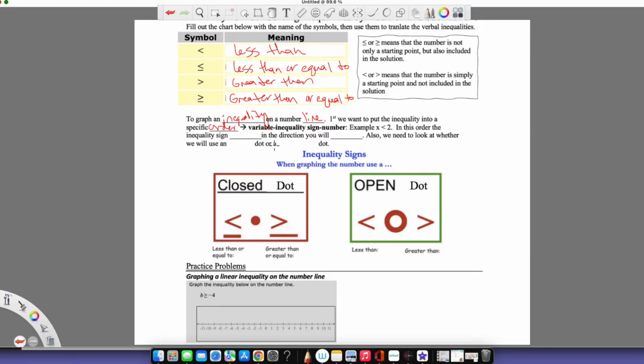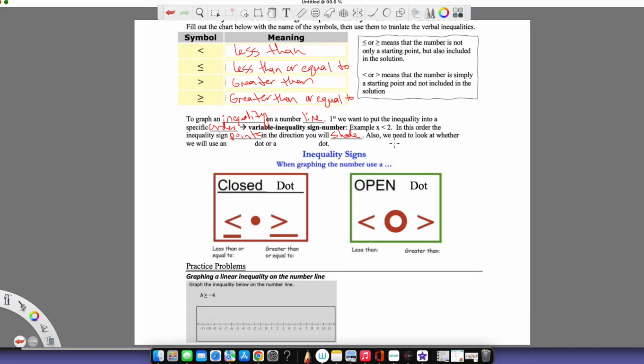The very specific order, and I'm very picky about this when I'm teaching it, is variable, inequality sign, then number. So here's an example: x is less than 2. In this order, the inequality sign points in the direction you will shade, because we actually have to shade or create a kind of larger arrow to show the solution area.